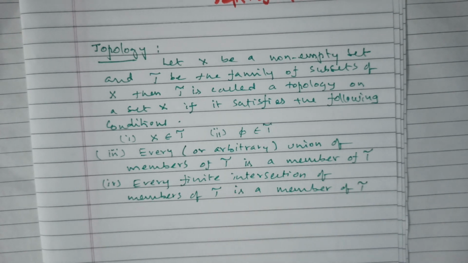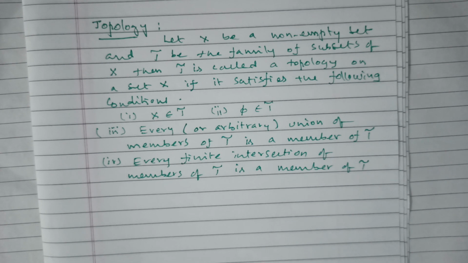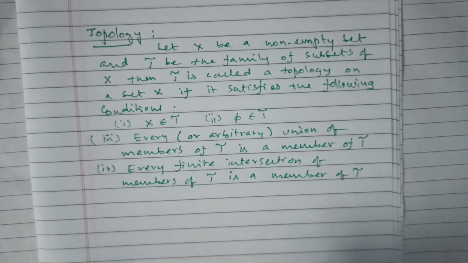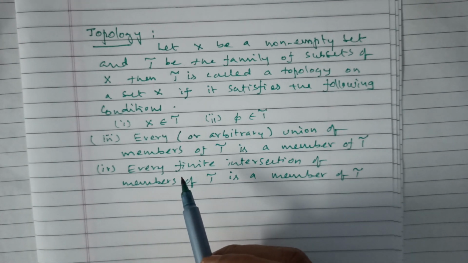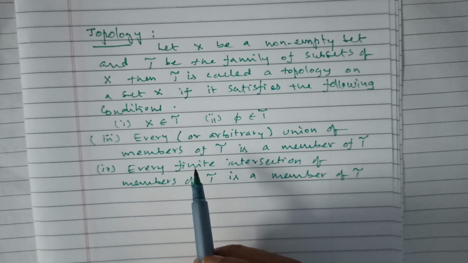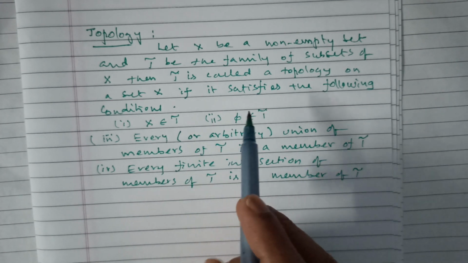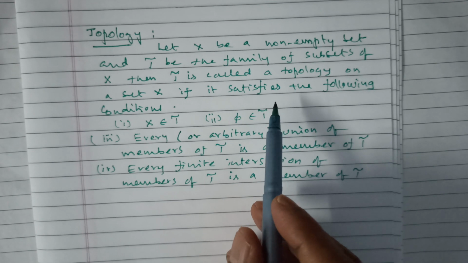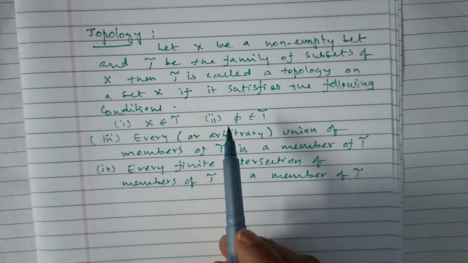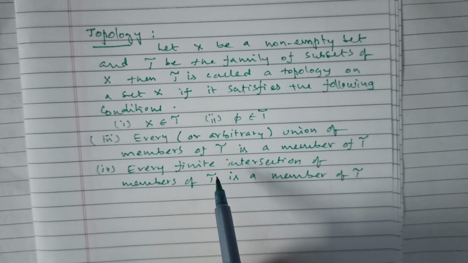So these are the four conditions for tau to be a topology on the set X. This definition will be clear when we see the examples on the topology.